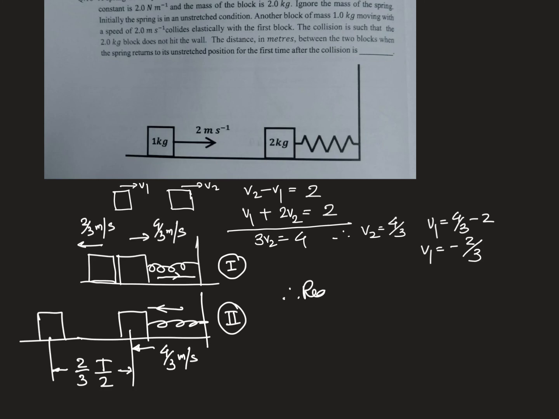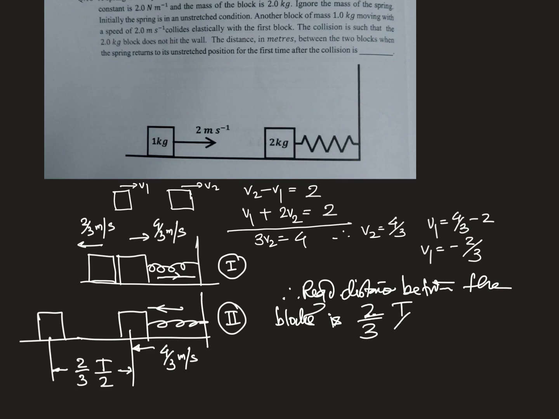Therefore the required distance between the blocks is 2 by 3 times T by 2, that is T by 3, that is 1 by 3 into T, where T means 2 pi root over m by k, which is again 2 pi. So it's 2 pi by 3 meter.